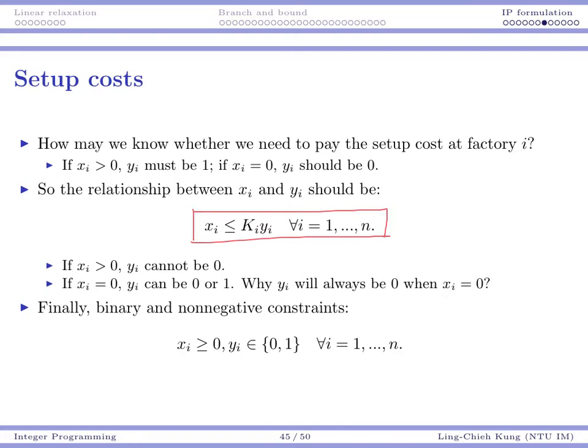Finally, this is very important, so let me put some stars here. You need to tell everybody that your xi is non-negative and your yi is binary. Every beginner feels that they don't need to do this. Every beginner feels that when they declare the variable to be binary, they are done. No, that's not right.